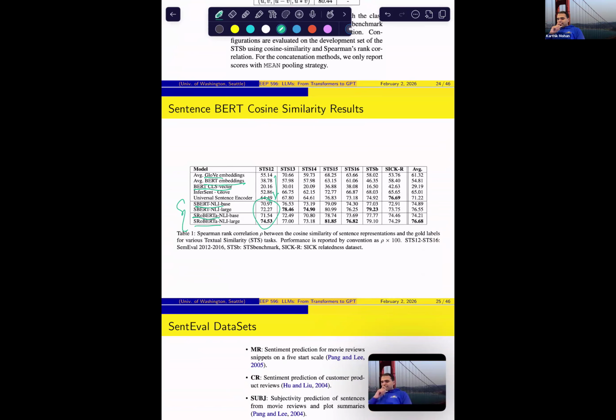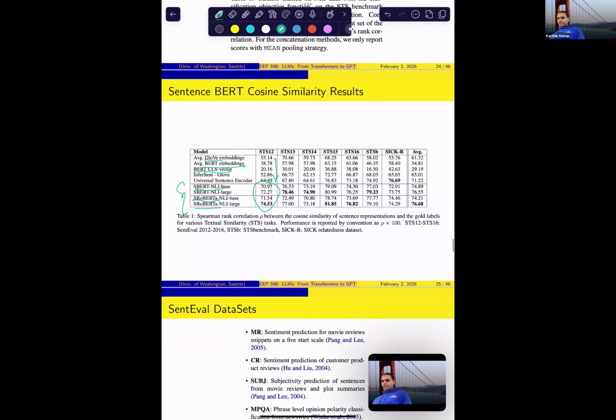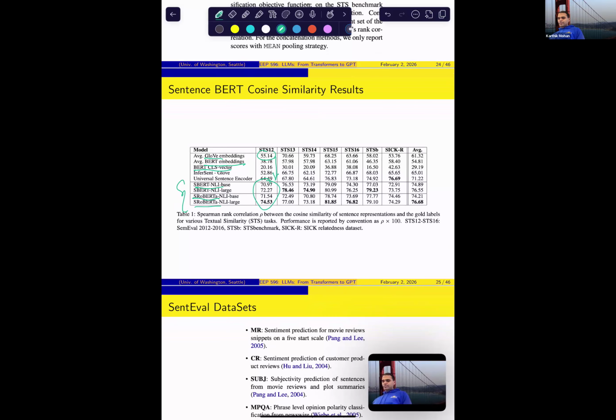So you're still using BERT, but you made the Siamese twin of the architecture, and that shows better performance. Somehow GloVe is doing better than BERT, which is very surprising on this data set. I think on other data sets, it's still worse off.